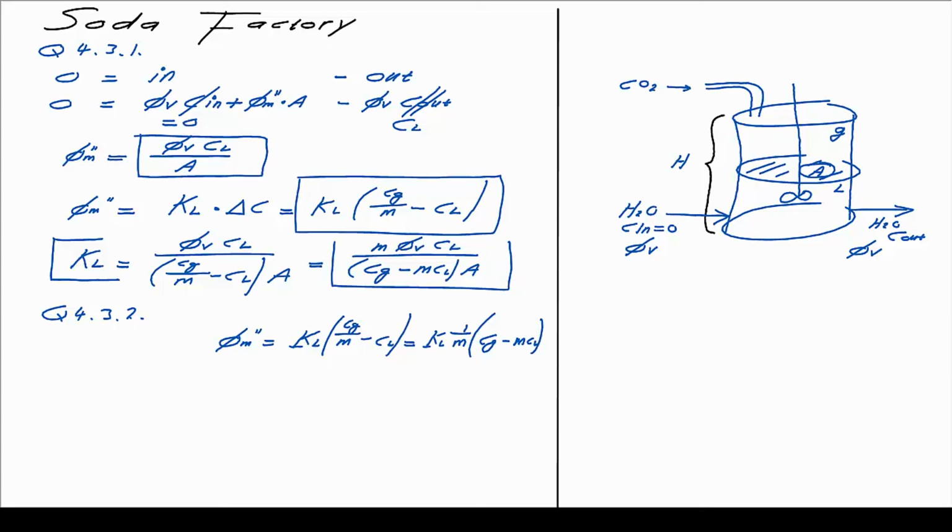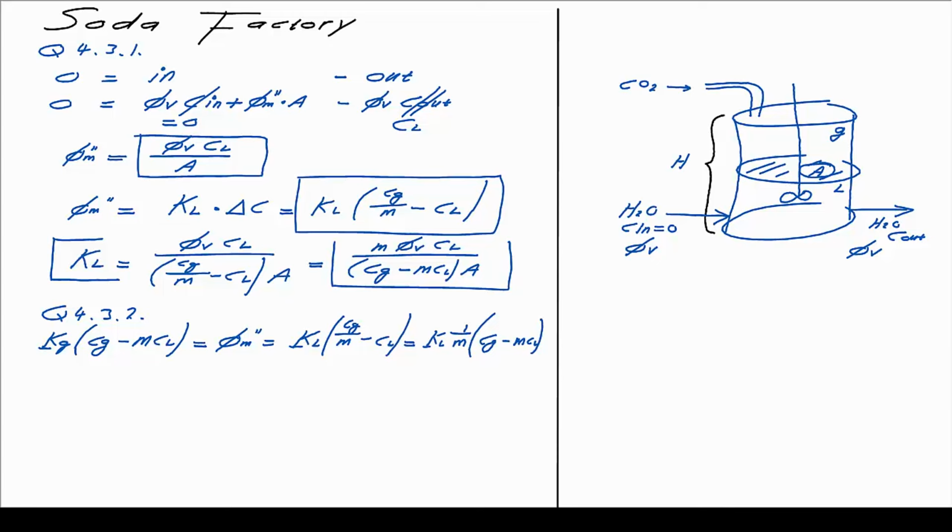But we can also write phi m double prime as seen from the gas phase with the overall mass transfer coefficient as seen from the gas phase. So this is capital Kg times Cg minus mCl. This time we have no term multiplying Cg.